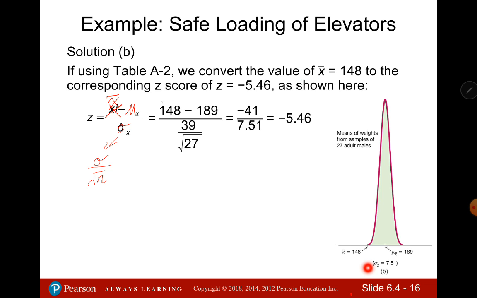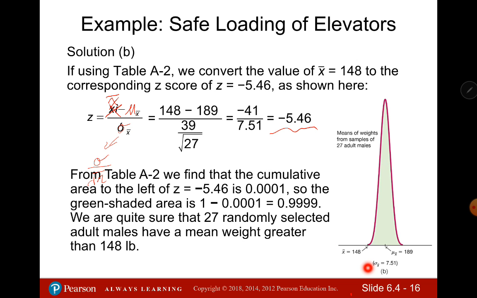So the sample mean is the first term, minus the population mean, or the mean of the sample means, mu sub x bar, which is just equal to the population mean. So we just use 189. But make sure you don't forget the square root of n for the denominator part. This time we have negative 5.46. So we have another z-score. This z-score is from the x bar, it's not from x.